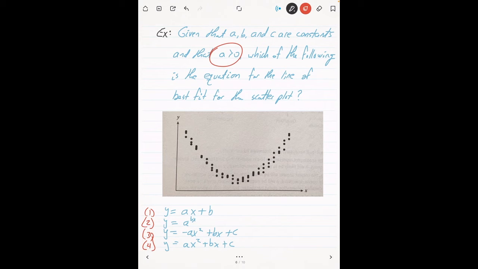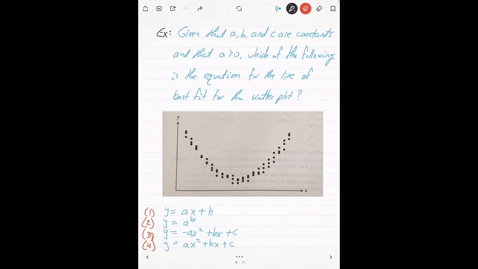And we have this condition, A is greater than 0. Okay, last problem, A was less than 0. Now it's greater than. That means it's positive. Which of the following equations is the line of best fit for the scatter plot? So which of these types of equations would best represent this data?